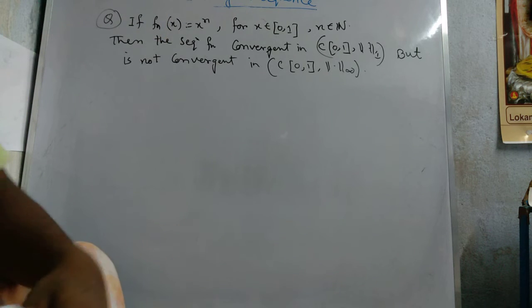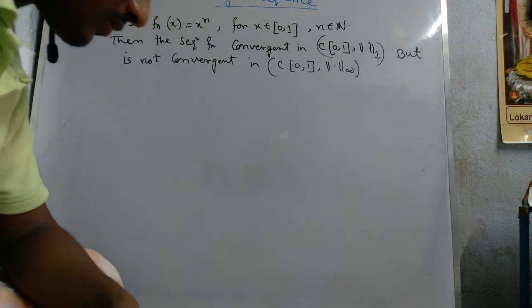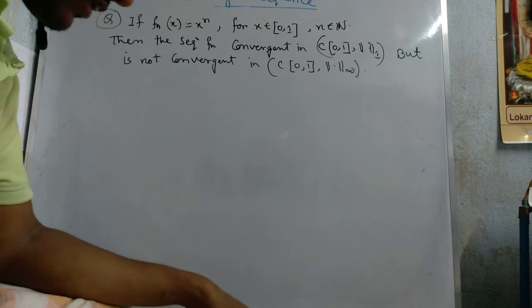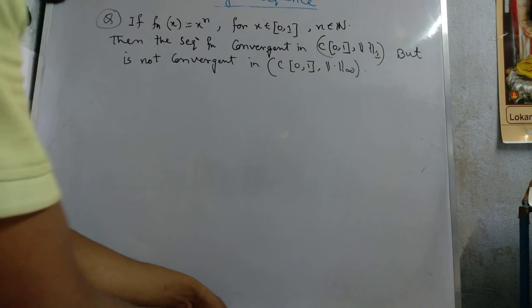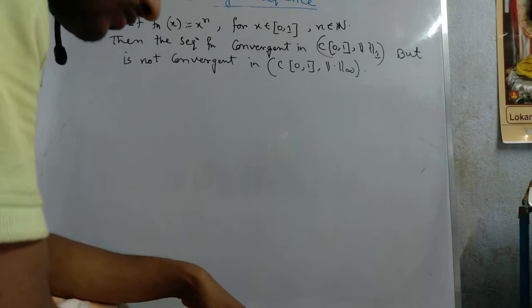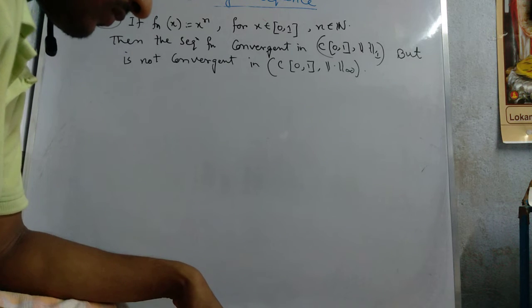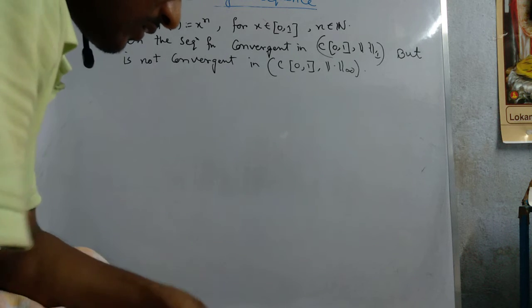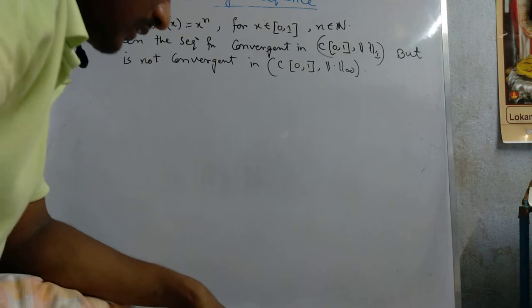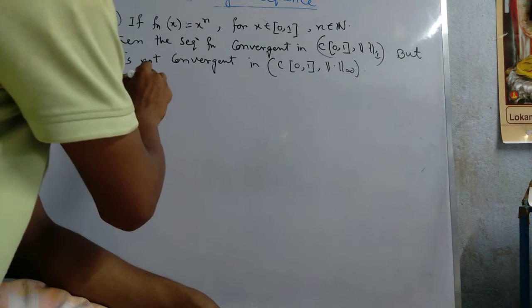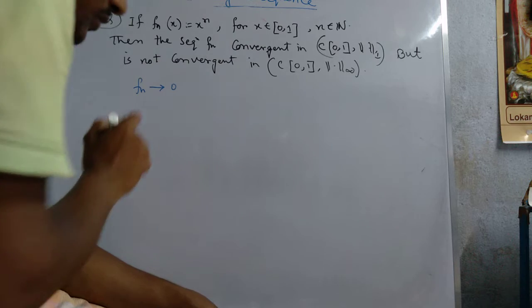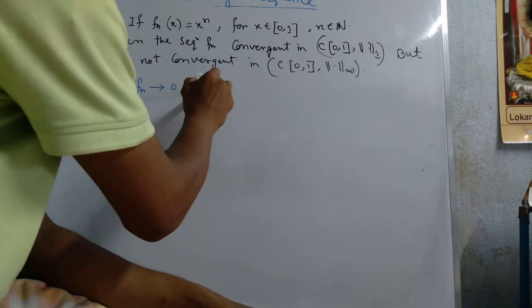Now how do we discuss that? We just write it: fn tends to 0 in norm 1.